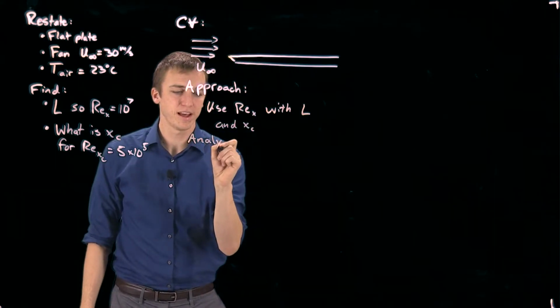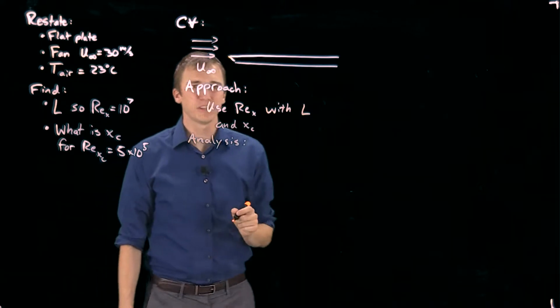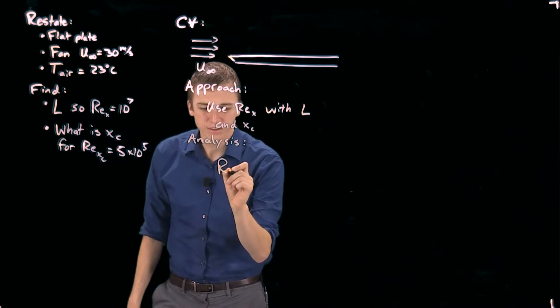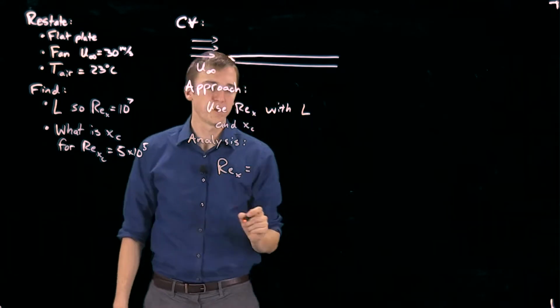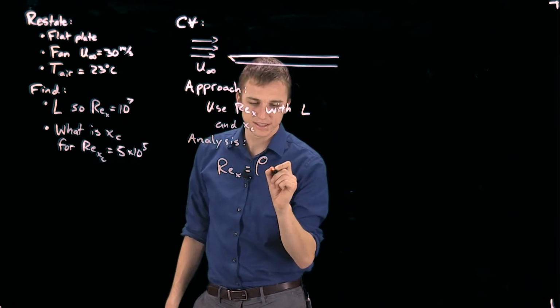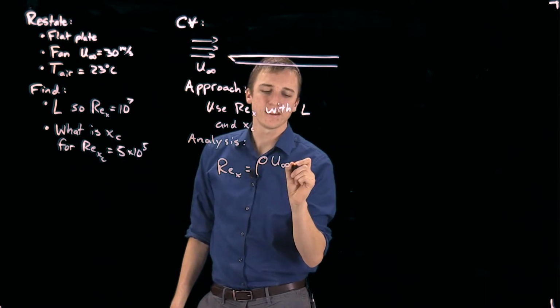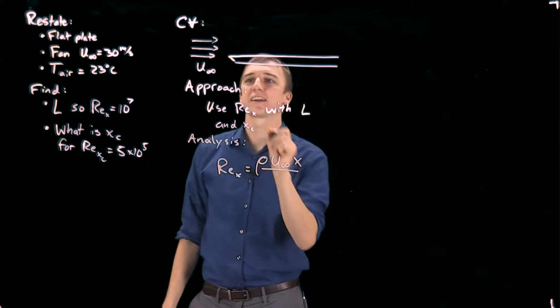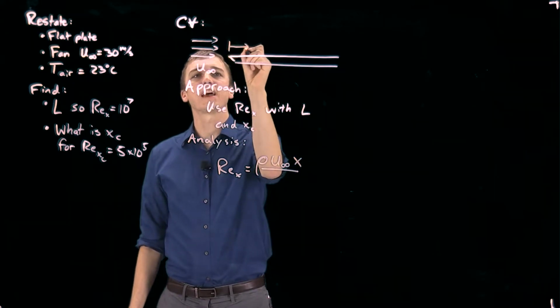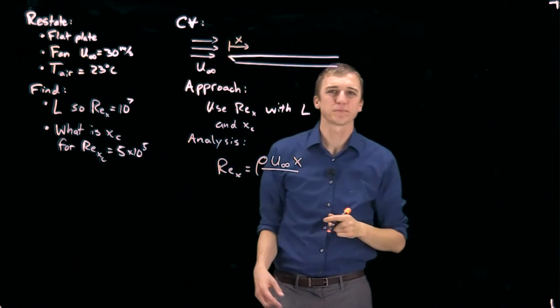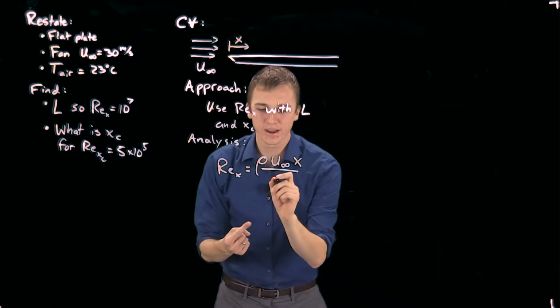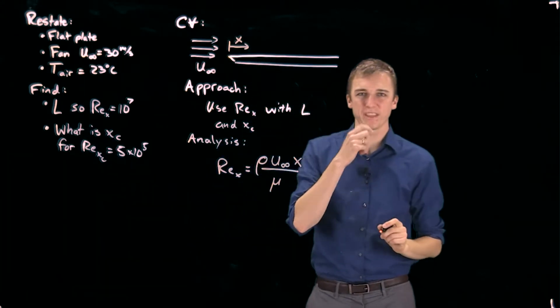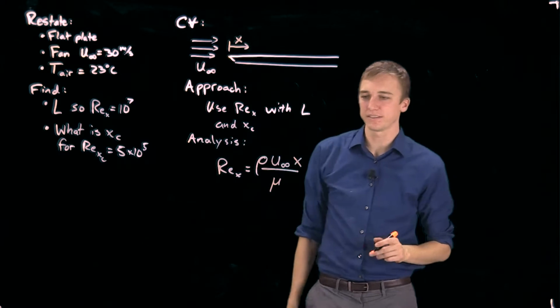We'll start with analysis. We have a few initial steps to do. First, the Reynolds number is equal to density times U infinity times our position x, where x starts at the leading edge of the plate, divided by viscosity, mu, the dynamic viscosity.